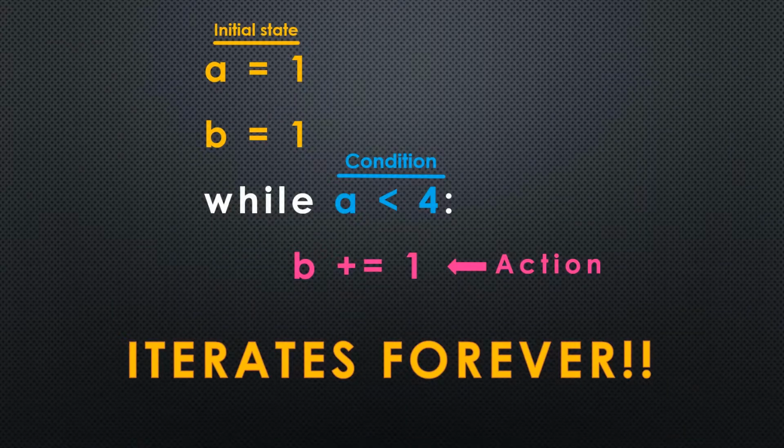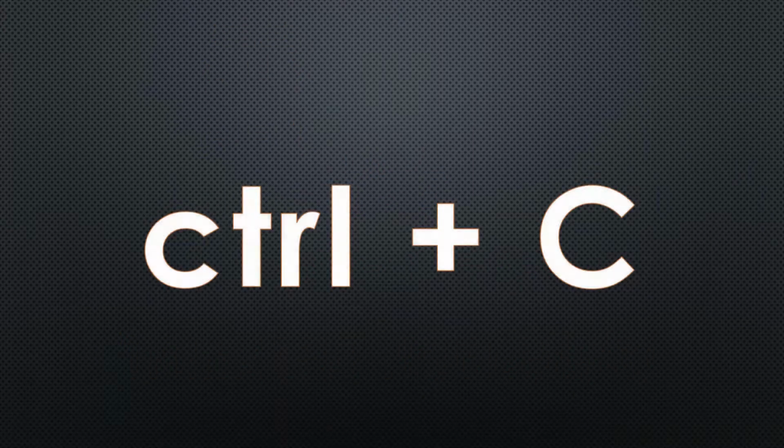If this happens, make sure to stop your code using one simple command, Ctrl+C. This is the most useful command you will encounter in coding to prevent accidents such as this.